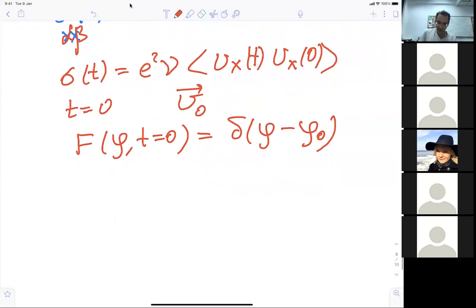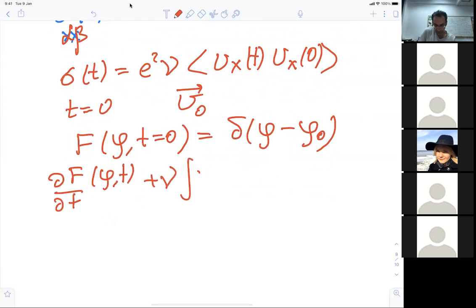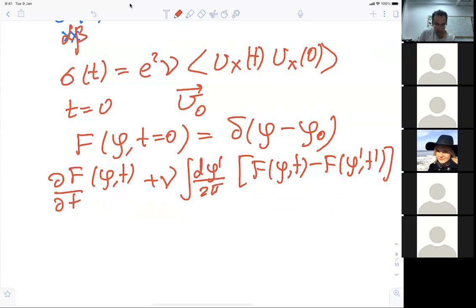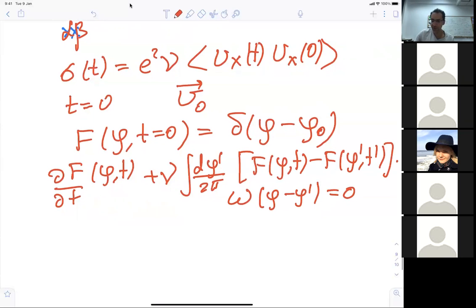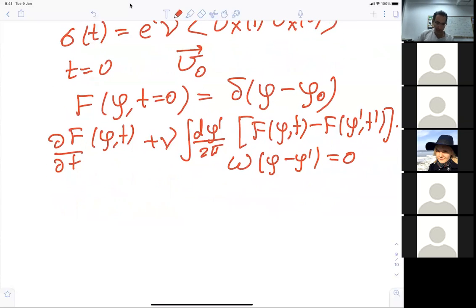Okay, then let us plug this thing into the Boltzmann equation. We get the following equation in time, times W phi minus phi prime equal to 0. So essentially, I'm saying that the correlation function satisfies the same equation as distribution function.